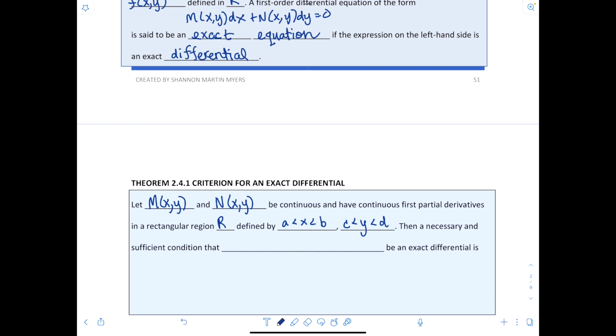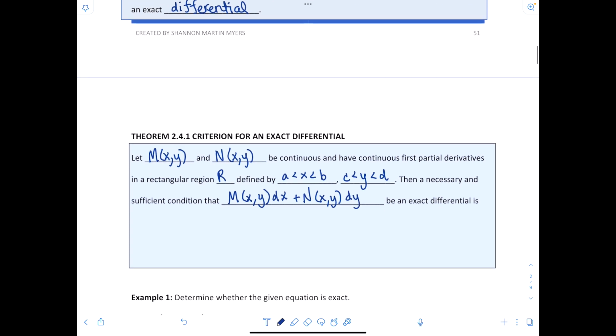Then a necessary and sufficient condition that M dx plus N dy be an exact differential is that the first partial of M with respect to y has to be equal to the first partial of N with respect to x. Okay? So, here we go.